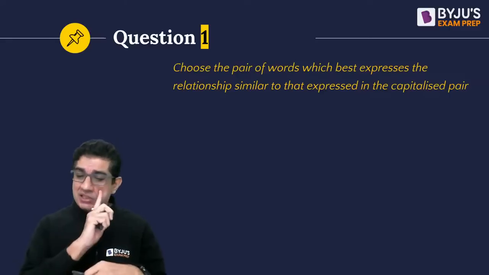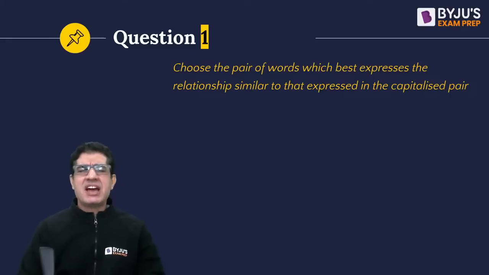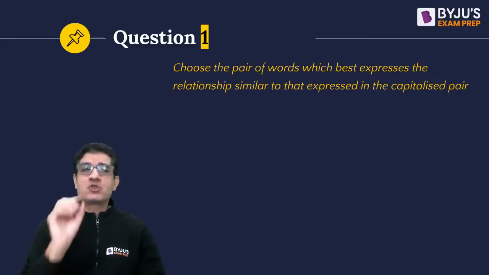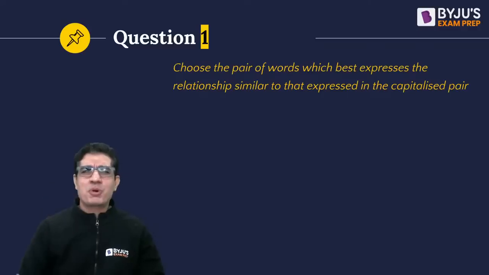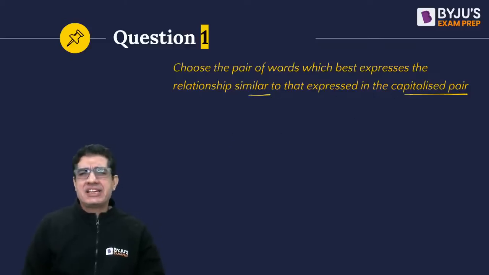Somebody yesterday asked me, analogy karwa dena sir, analogy. So you know these verbal analogy questions where they give us two words that are joined using that ratio proportion sign. Choose the pair of words which best expresses the relationship similar to that expressed in the capitalized pair.